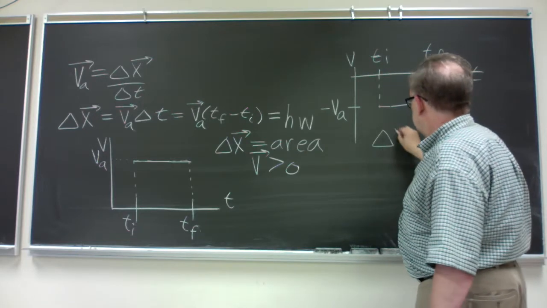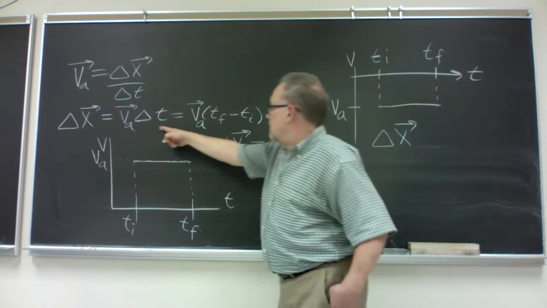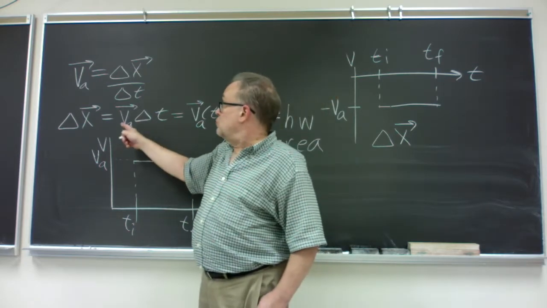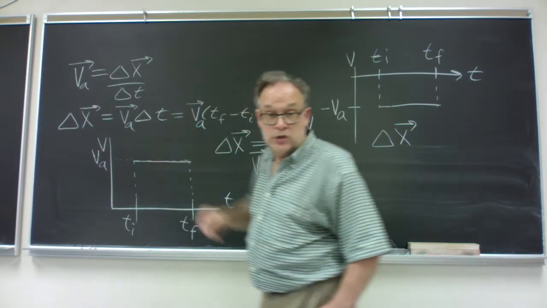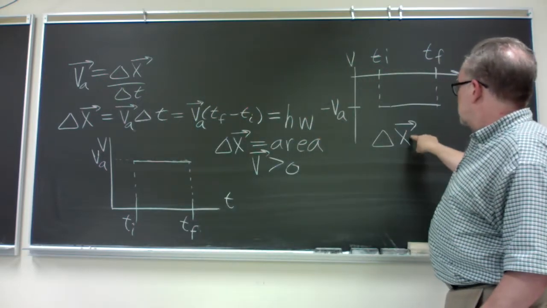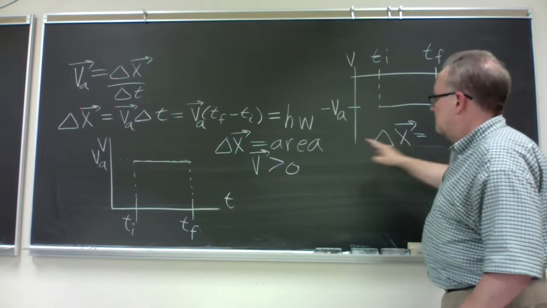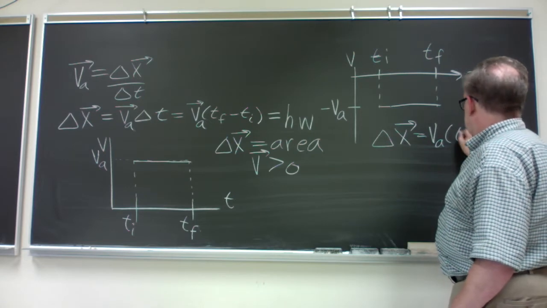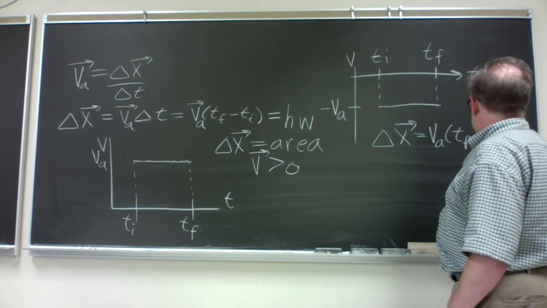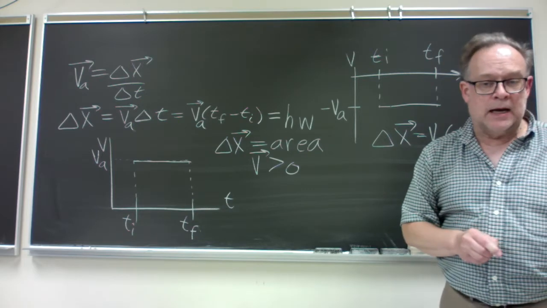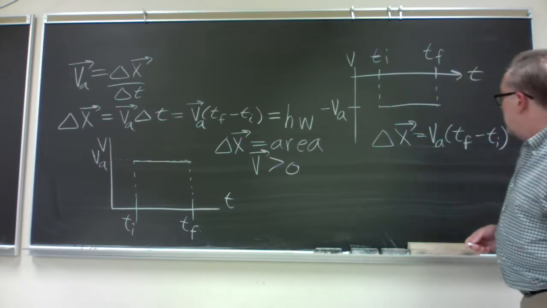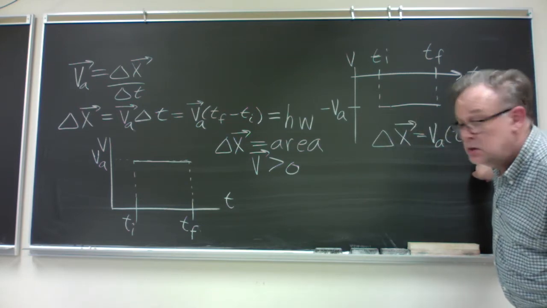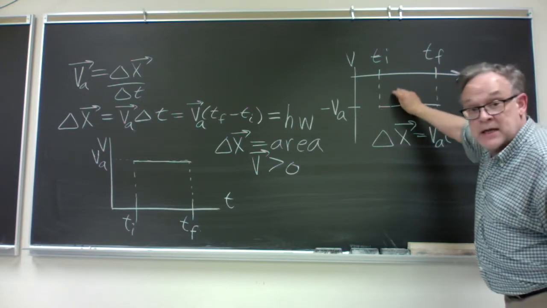And it's still the case that displacement, this is still true, because this just came from this, which came from the definition of average velocity. So it's still the case that displacement is that, average velocity times the length of time spent moving. And this number here is still the width of a rectangular area.